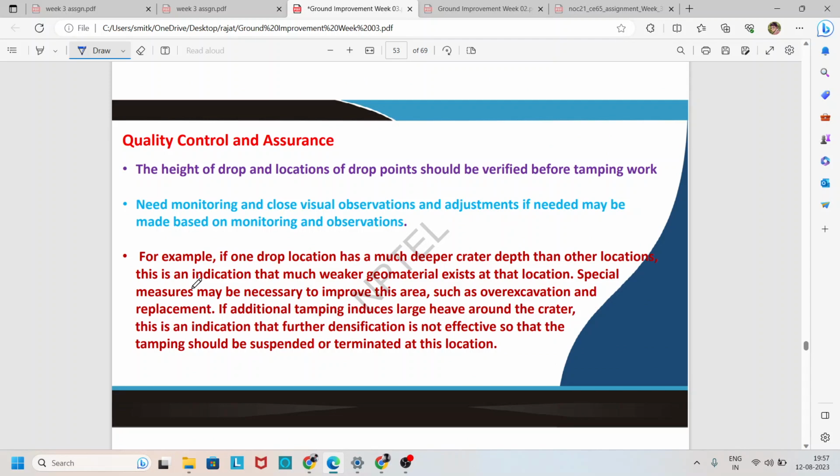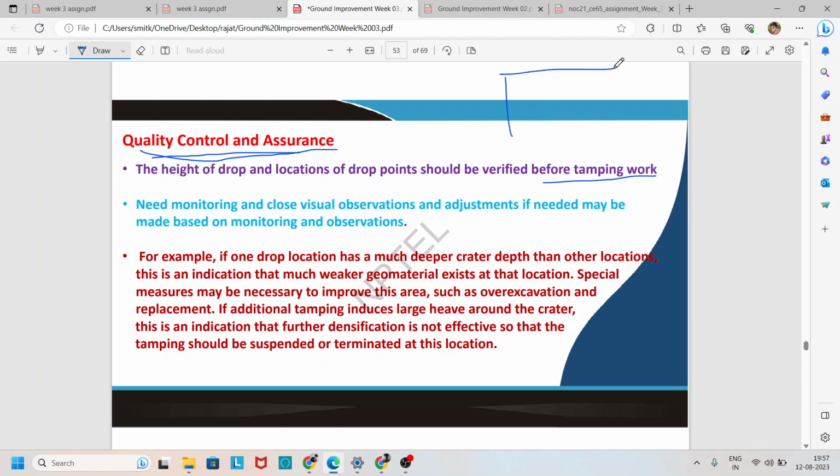So, in the next module, we discuss quality assurance. How do we maintain the quality, or control and assure the quality, in the ground during deep dynamic compaction? It is said that the height of the drop and the location of the drop should be verified before the tamping.